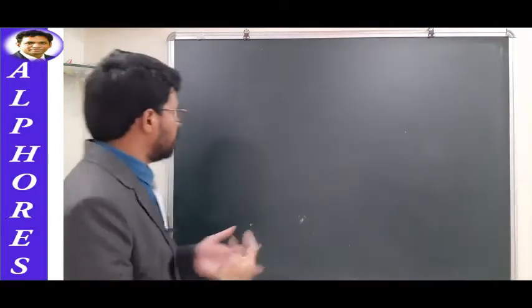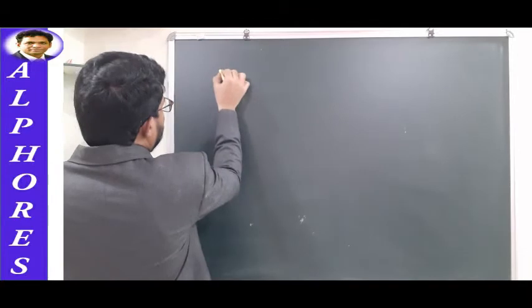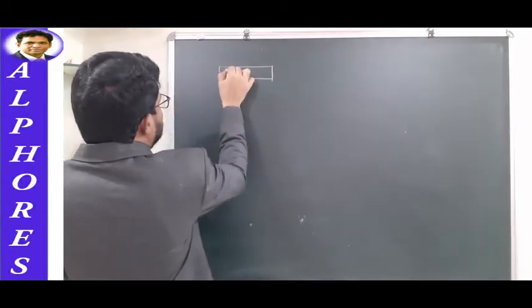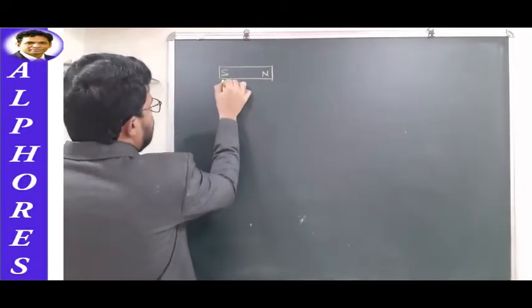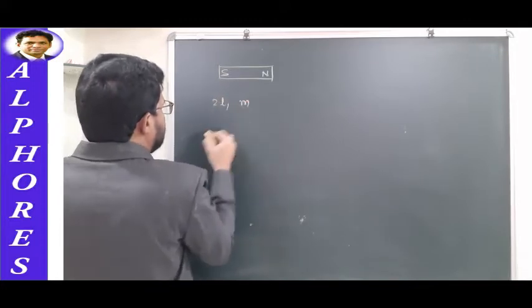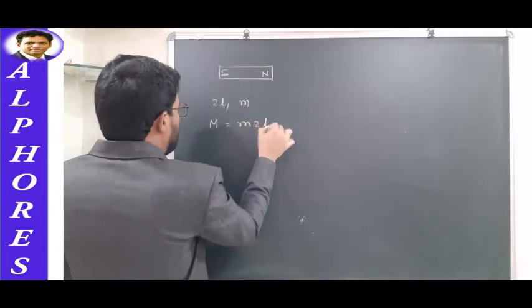Let us quickly recapitulate a few points connected with the present discussion. If you have a magnet with a south pole and a north pole, magnetic length 2L and pole strength M, the magnetic moment is expressed as M into 2L.